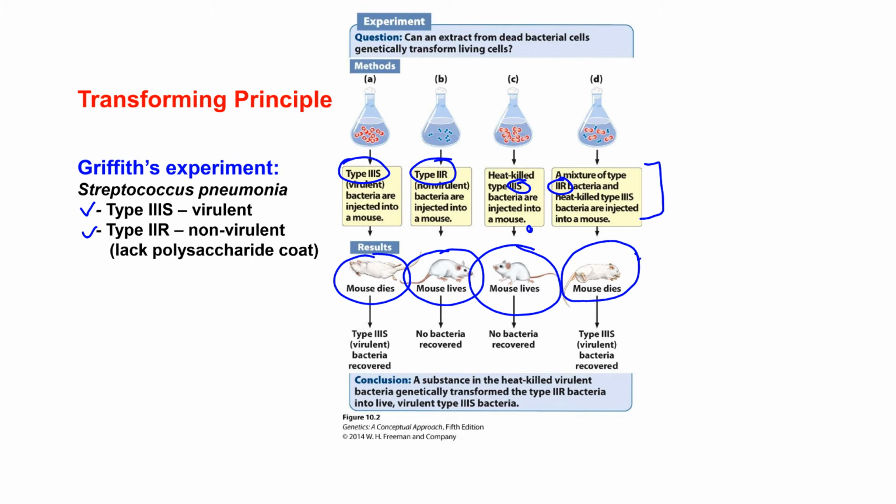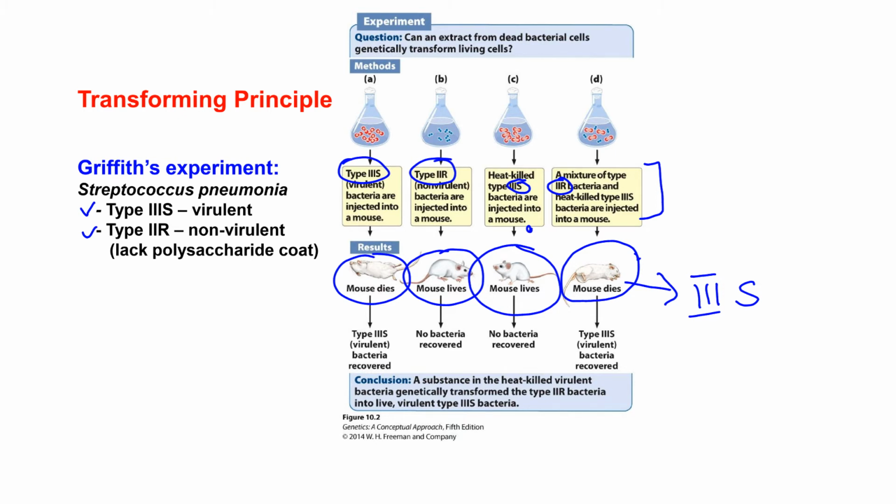This was confirmed when he isolated bacteria from these mice, and he found that all these bacteria were 3S. So they were all infectious, virulent, pathogenic bacteria. He ruled out the possibilities that the heat inactivation was not complete or that there was a mutation in 2R.